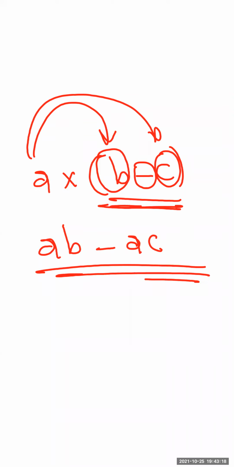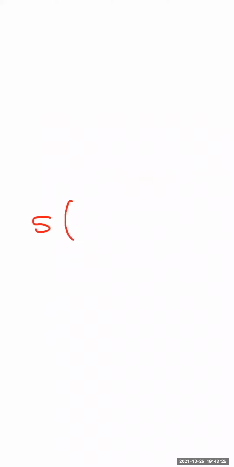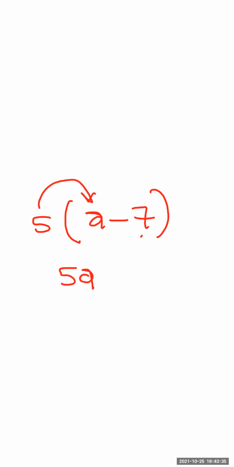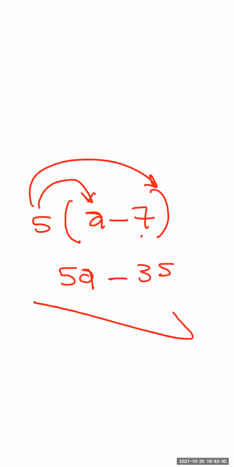So you have to solve it this way. If it's 5 times a minus 7, how can you get the value of a minus 7? Of course you can't. So this means 5 times a, which is 5a, minus 5 times 7, which is 35. Correct?